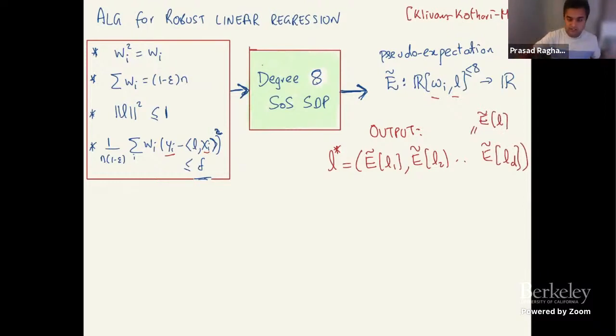You take this polynomial system, run the degree 8 sum of squares SDP on it, and you see what you get for the linear function.